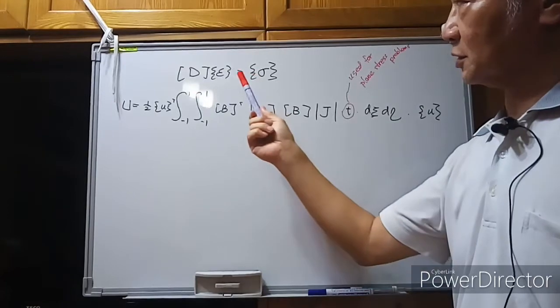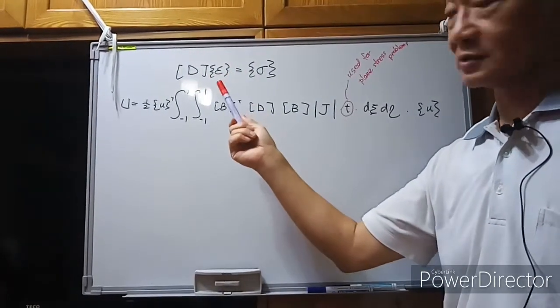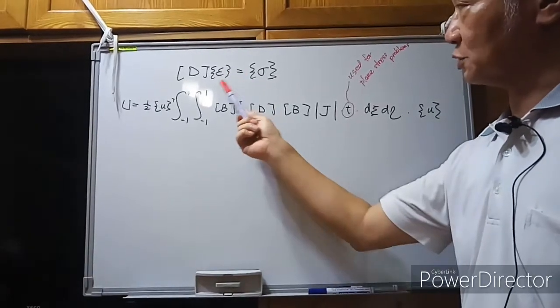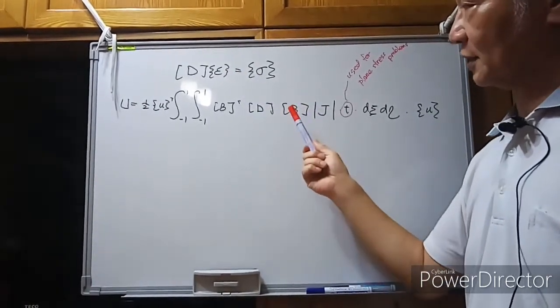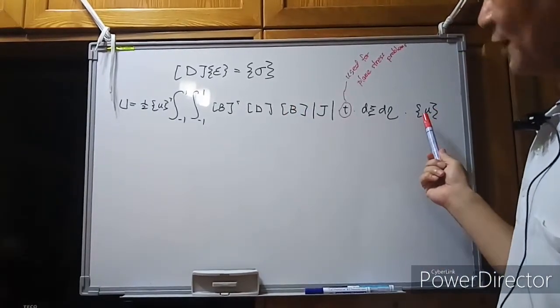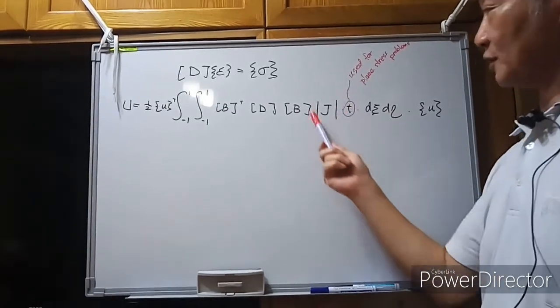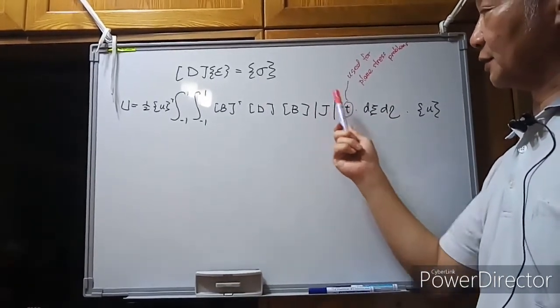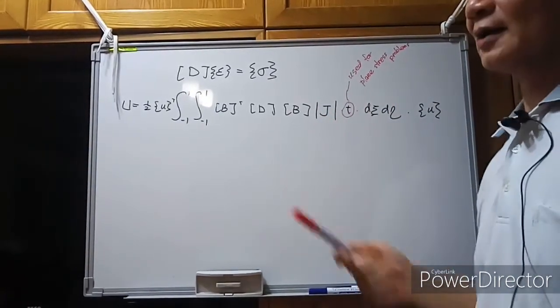The stress is equal to the D matrix multiplied by the strain. The D matrix multiplied by the strain, and the strain inside the element is also the B matrix multiplied by the U vector. Okay, then why do we have the Jacobian? Remember the Jacobian multiplied by the d xi and the d eta.